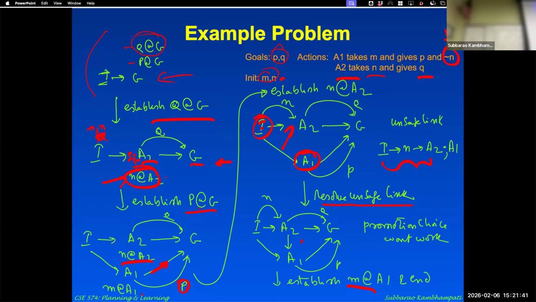And I can make P supported here. I should probably use a different color for the orderings so that you can make sense of them. Imagine the ordering is green.